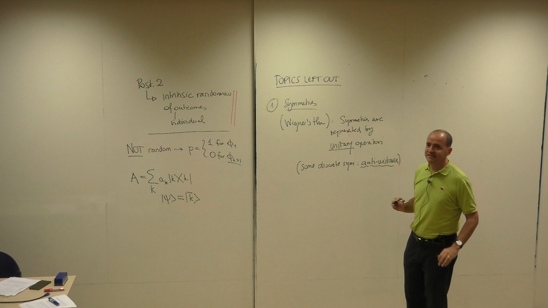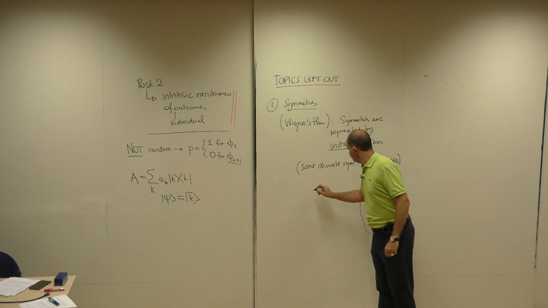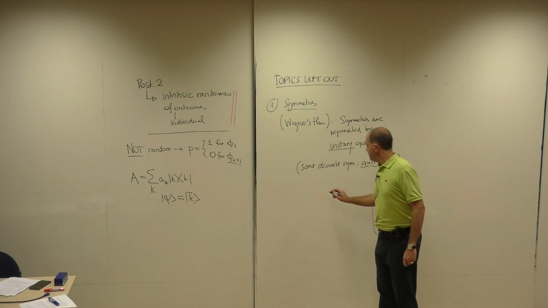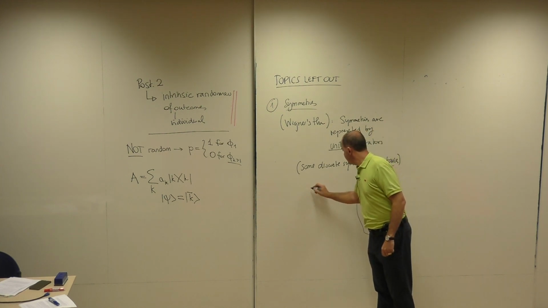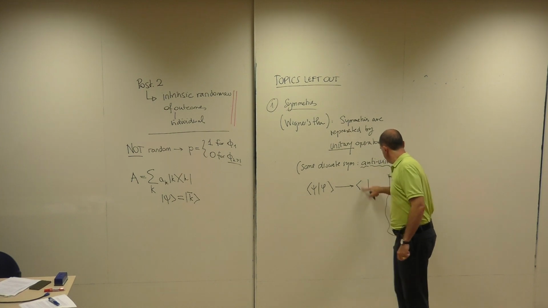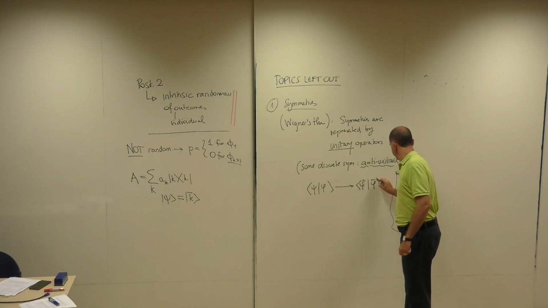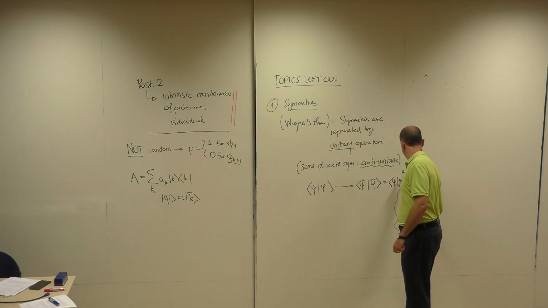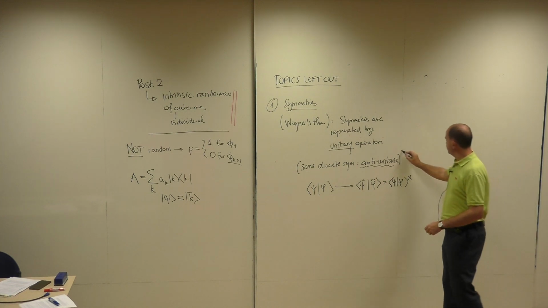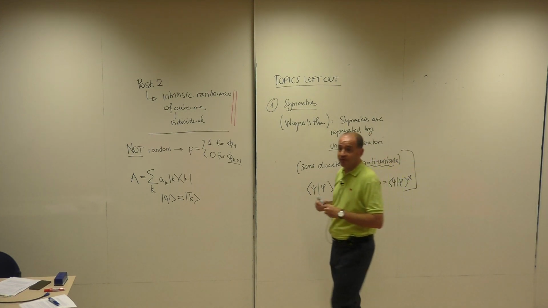So just keep in mind that an anti-unitary operator is such that it preserves the scalar product in modulus, but it would give the complex conjugation here. But anyway, this is just a remark for you to know, but we will not use it.